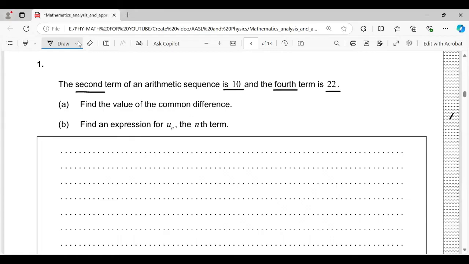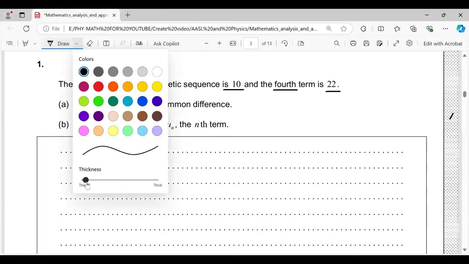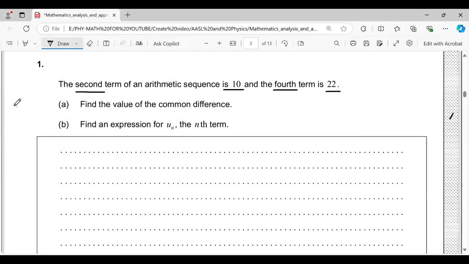As you know, how do we determine the common difference? We need to find first the equations of this sequence. It says that the second term is 10 and the fourth term is 22.